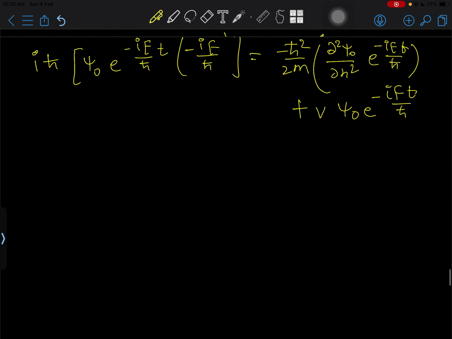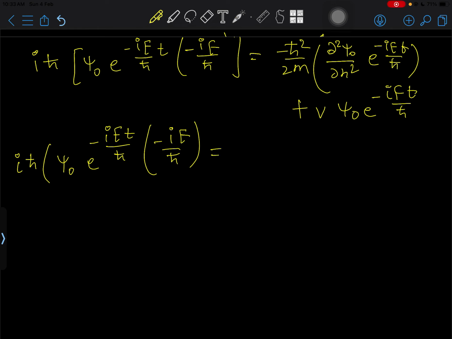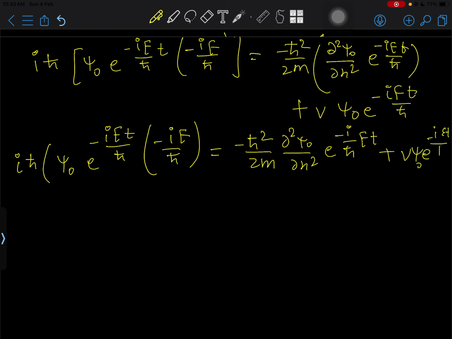Now we can arrange this particular expression as follows: i h cut psi naught e to the power minus i E t upon h cut, minus i E upon h cut, here minus h cut square upon twice m del square psi naught upon del x square e to the power minus i E t upon h cut plus V psi naught e to the power minus i E t upon h cut. So we can cancel i E t upon h cut.